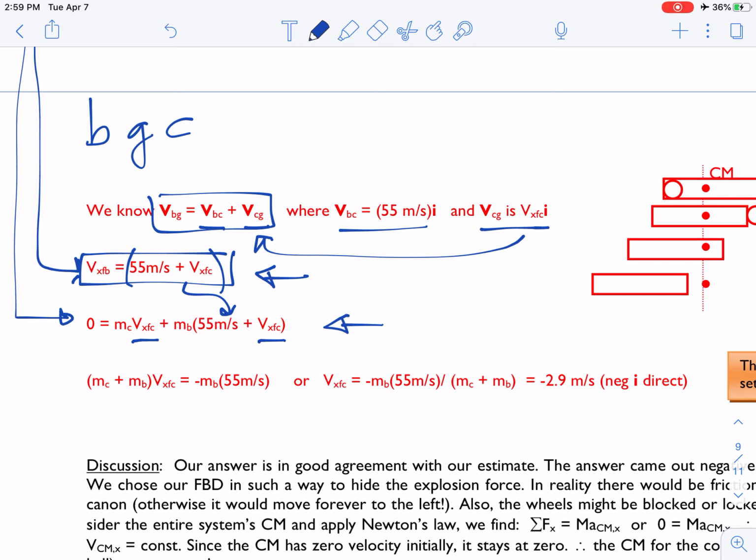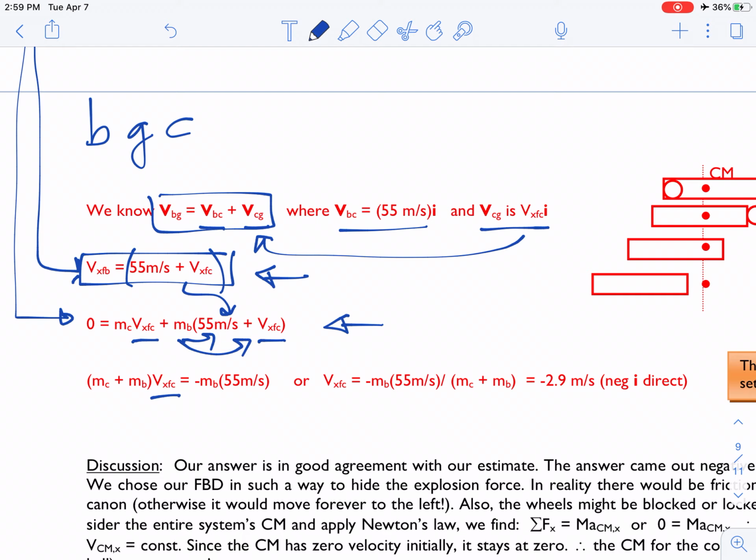Again, you can do some algebra here. I'll probably distribute this into both first, and then try to separate VXFC, so it will have the coefficients of MC and also MB. You can put them together, and on the other side you will have MB times 55 meters per second.